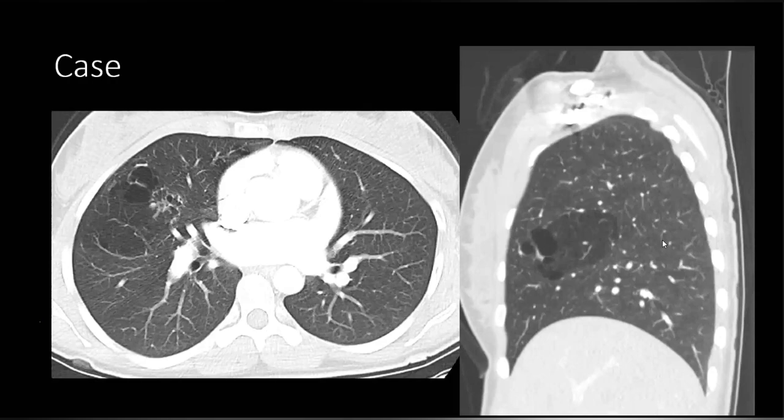So okay, CPAM or a congenital pulmonary airway malformation. Yes, adenoid malformation. And then sequestration. Yes, interlobar sequestration.